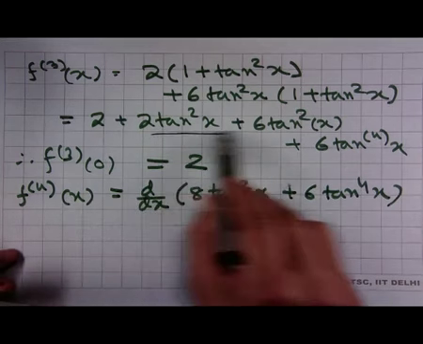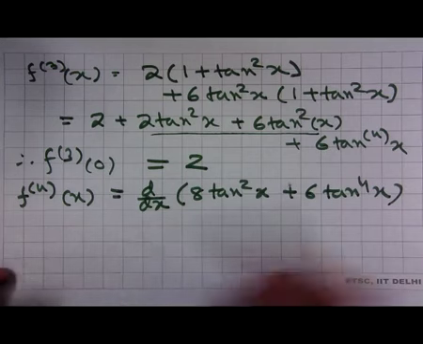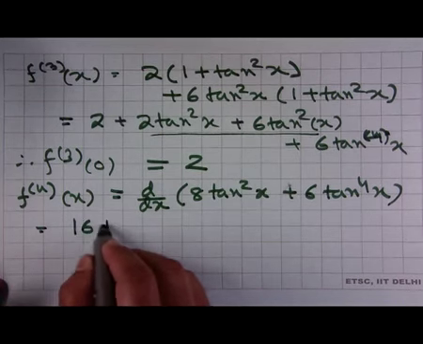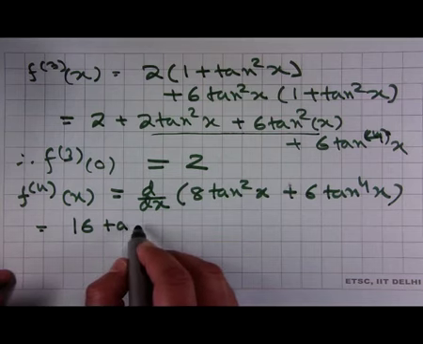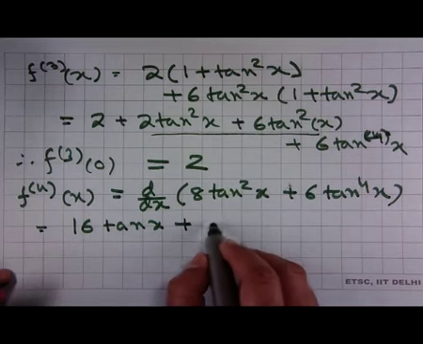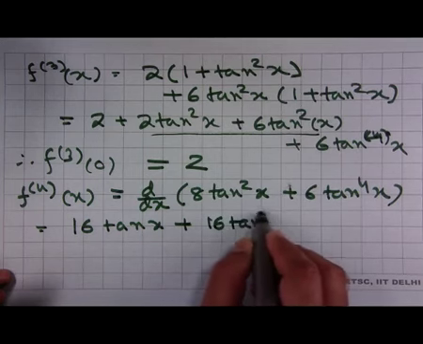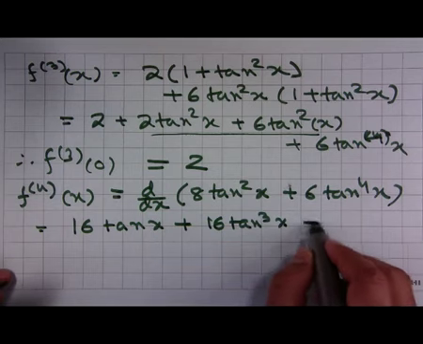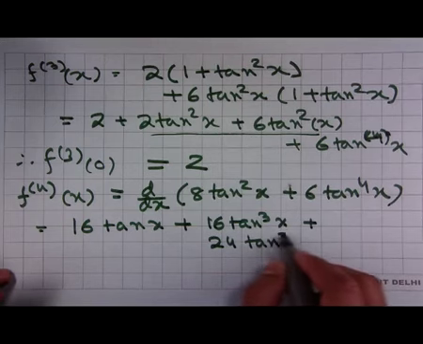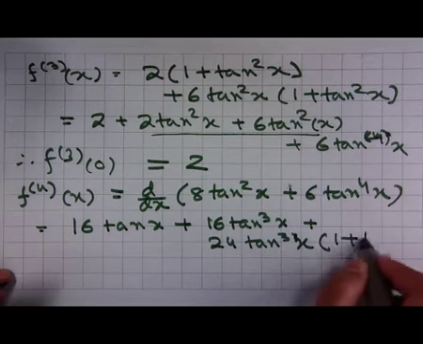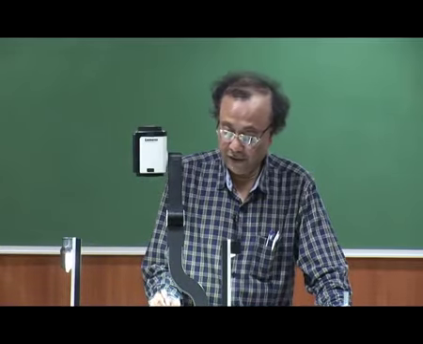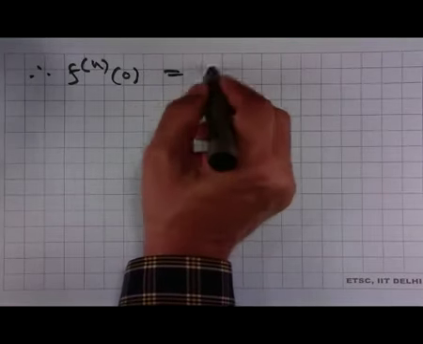Therefore, f 4 x is equal to d dx of 8 tan square x plus 6 tan to the power 4 x, which is equal to 16 tan x plus 16 tan cube x plus 24 tan cube x into 1 plus tan square x. Therefore, f 4 at 0 is equal to 0.